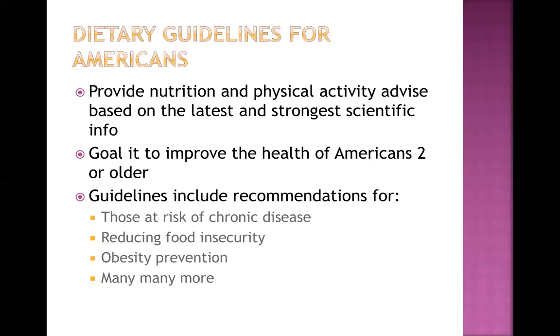So some of the guidelines that are nutrition related include obesity prevention, reducing food insecurity, and reducing chronic diseases. And food insecurity is inadequate access to food, inadequate quantity or quality of foods, unacceptable foods, not having enough money to buy foods that somebody needs.